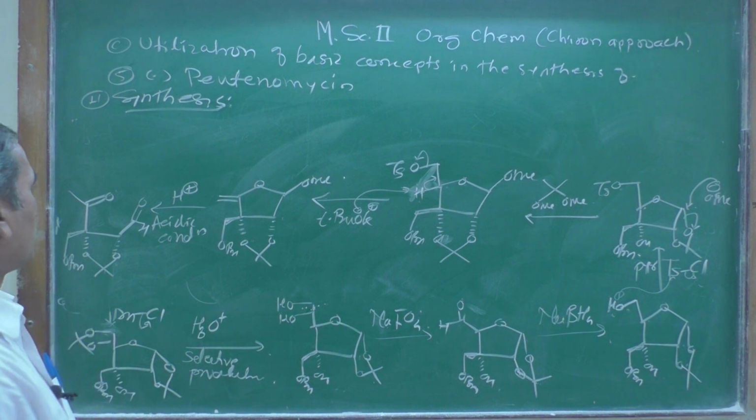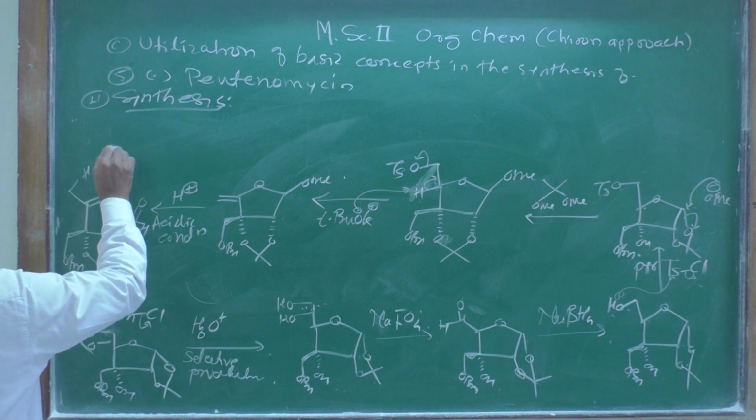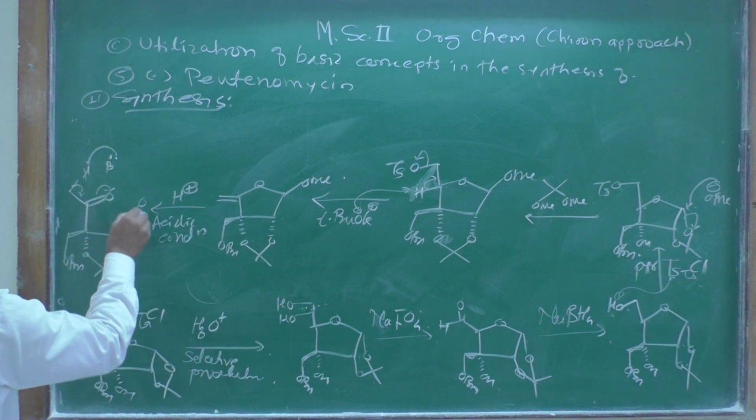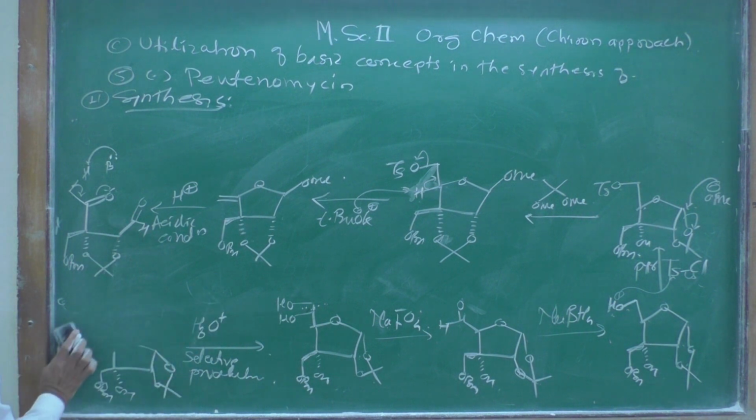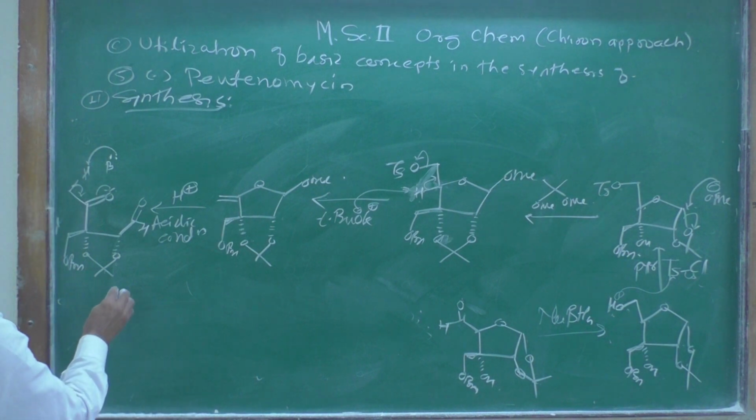And now a base is used over there, which will abstract the proton, negative charge, and that is going to attack over there, and you are going to get the next product.